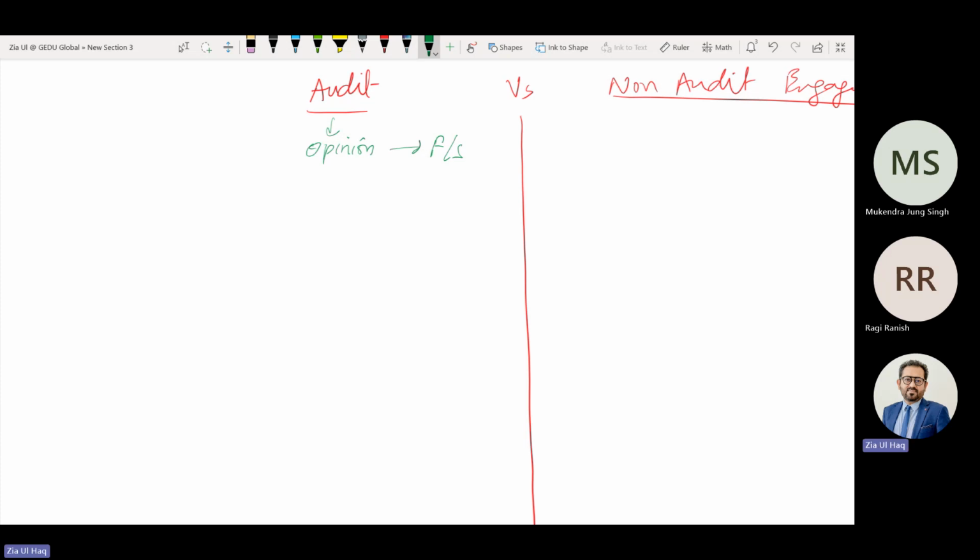If the client has requested us, can you please evaluate my business risk and recommend measures how I can overcome this? This is what, a business risk evaluation assignment. This is not audit. This is what? Non-audit engagement. And firms generate most of their revenue from non-audit engagements.